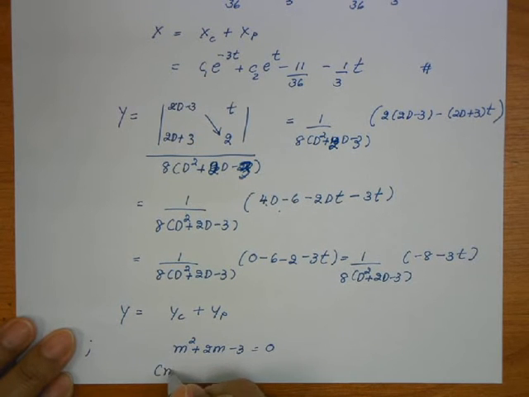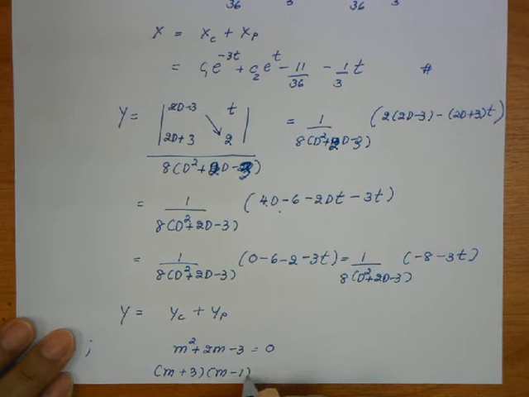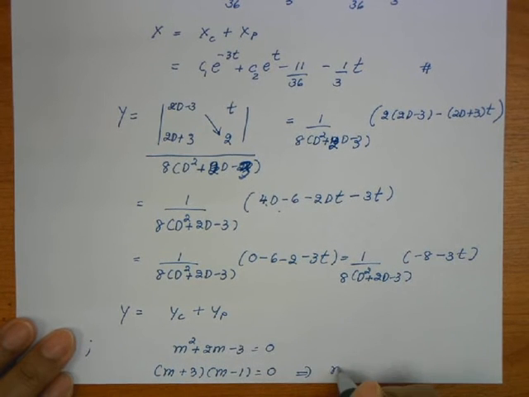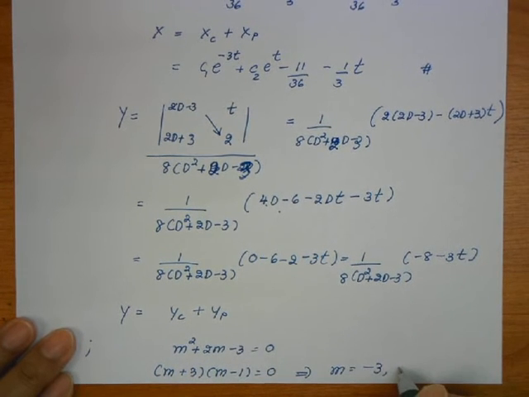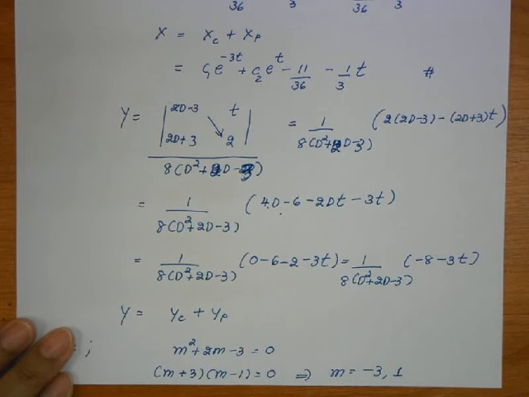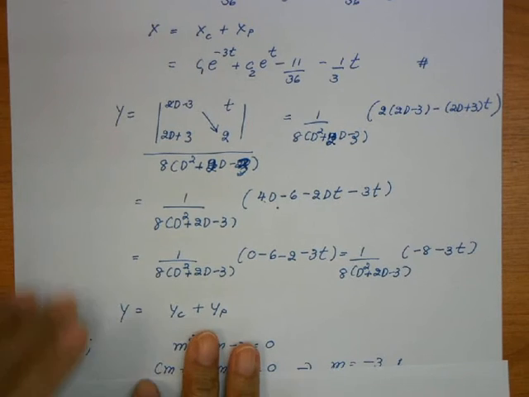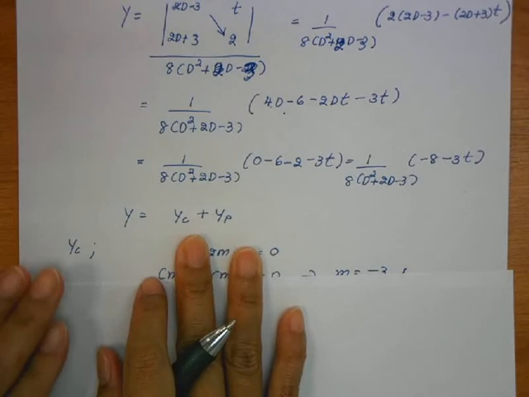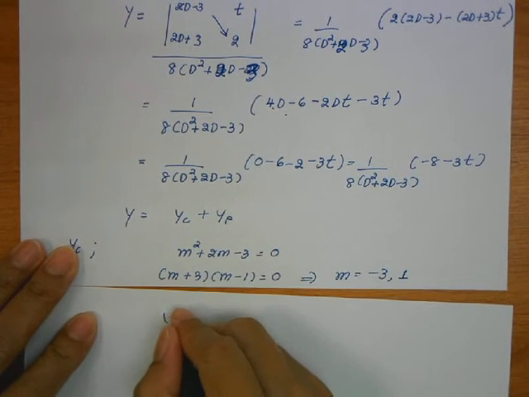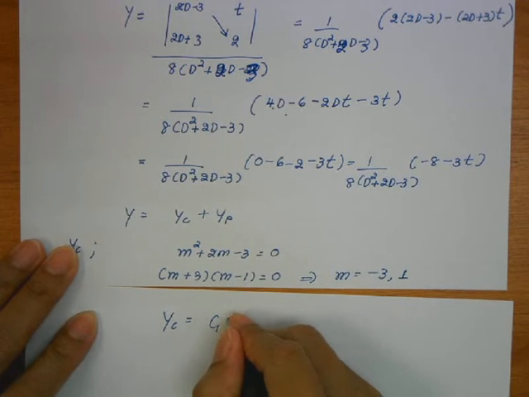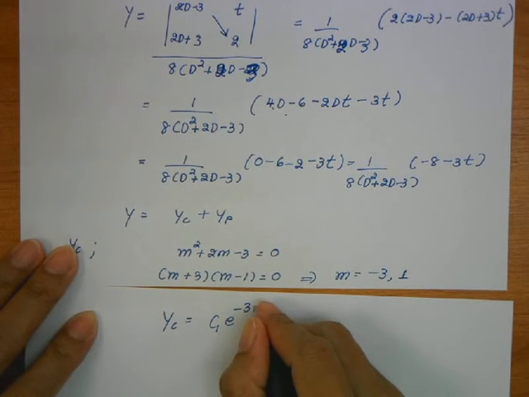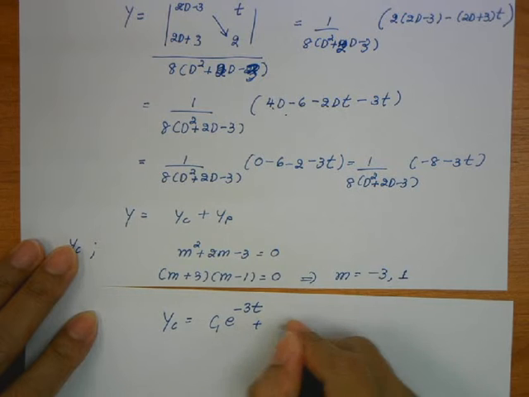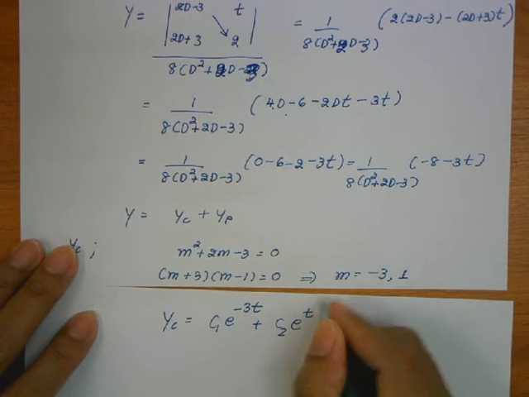So you can find two values of m, which are m equal to minus 3 and 1, which is exactly the same as xc. So from that, yc is equal to c1 exponential of minus 3t plus c2 times exponential of t.